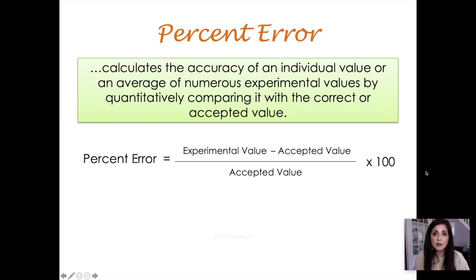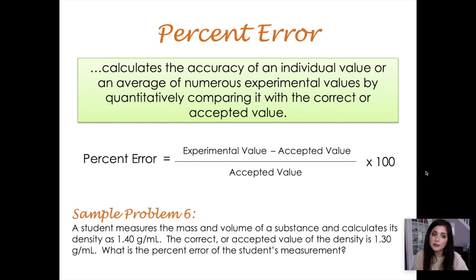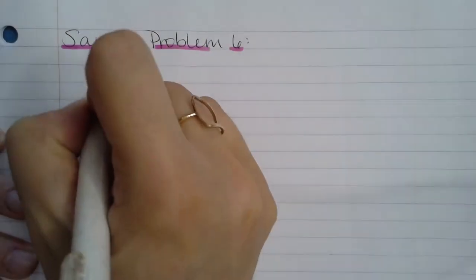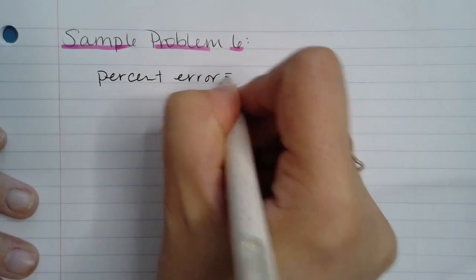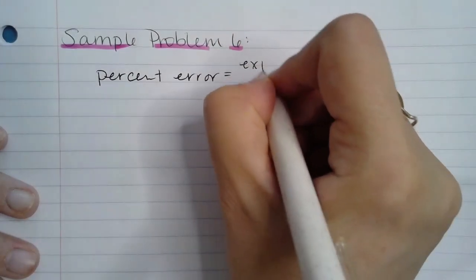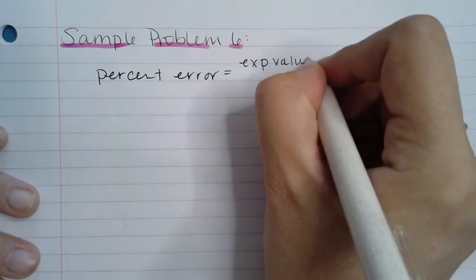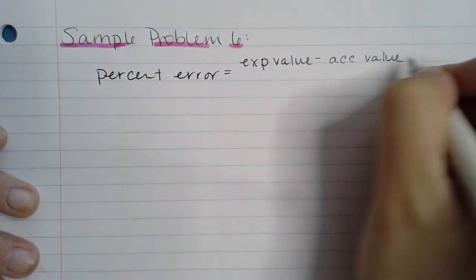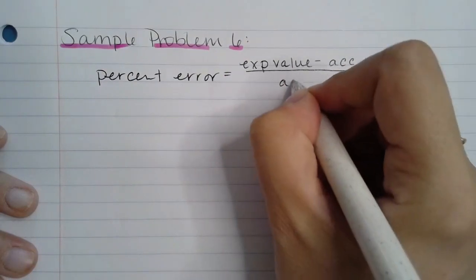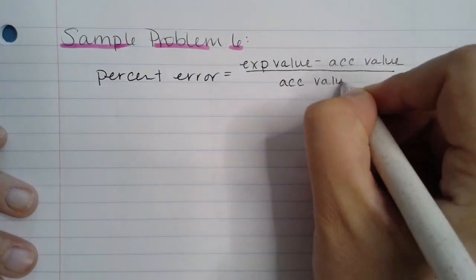Let's do an example here together, sample problem 6, dealing with percent error. Before we get started, I'm just going to rewrite this equation down. So percent error is equal to, I'm going to abbreviate here, experimental value minus the accepted value, divided by the accepted value, times 100.